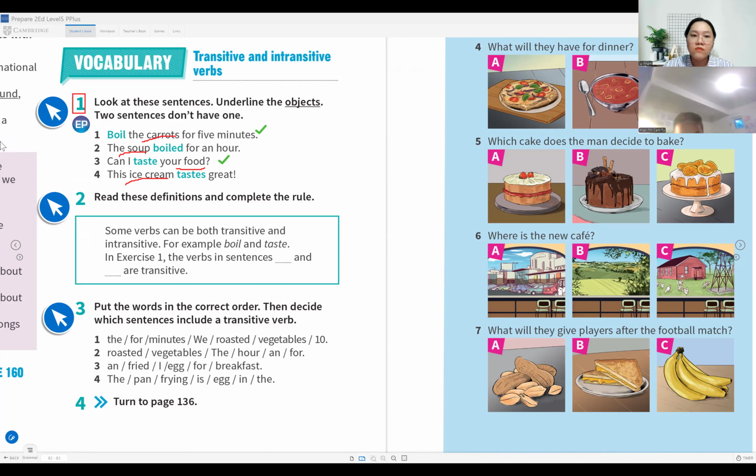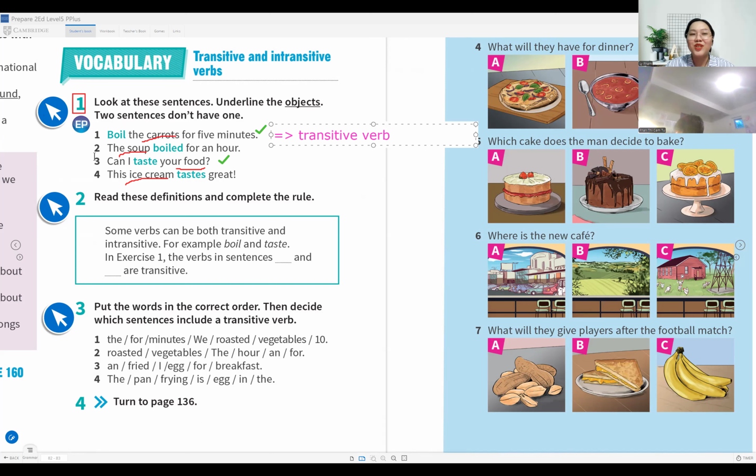Okay. So if you can find an object after a verb, which means the verb here is a transitive verb. So number one and number three, transitive verb.